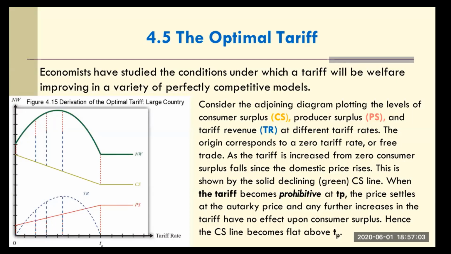At this time we will see the optimal tariff, the optimum level, to what extent the importing and exporting countries are moving. Looking at the graph, the level of consumer surplus, CS, is the yellow color, the producer surplus is the red color on the diagram, and the tariff revenue is at the blue level.